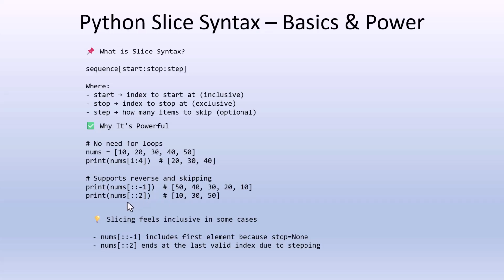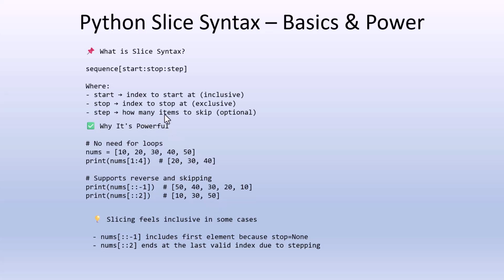Start is not specified, so it is taken as the first element, the 0th index, stop is None, and the step is 2. So it starts from 10, jumps by 2, skips the in-between, so 10, 30 and 50. So it feels inclusive, although it is exclusive.